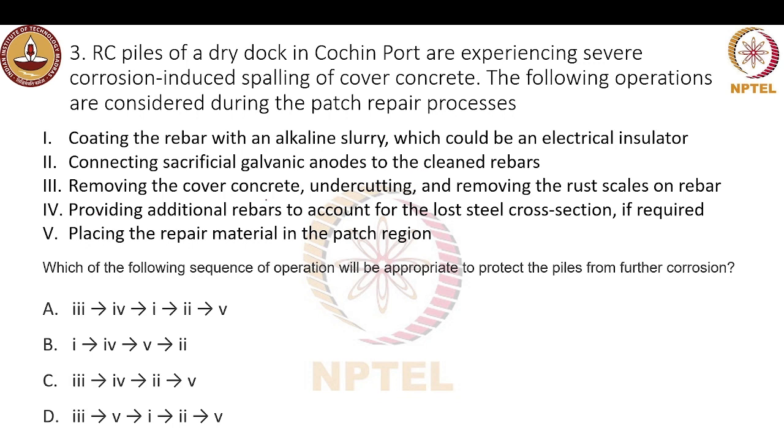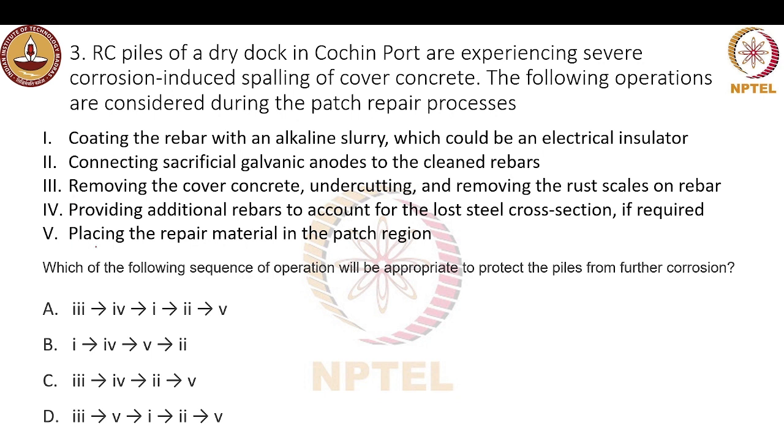Three, removing the cover concrete, undercutting and removing the rust scales on the rebar. Four, providing additional rebars to account for the lost steel cross section if required. Five, placing the repair material in the patch region. What should be the sequence of operation? What would be the first step you will do in such case?